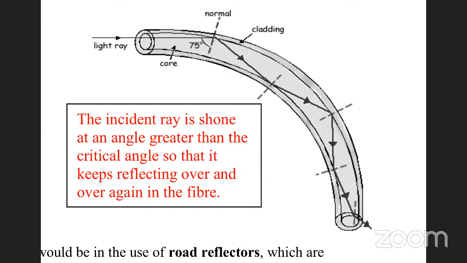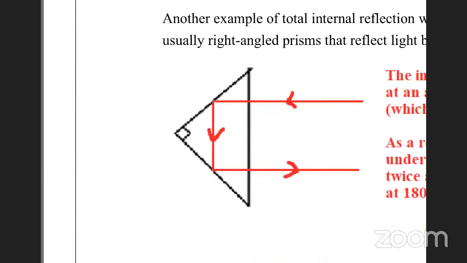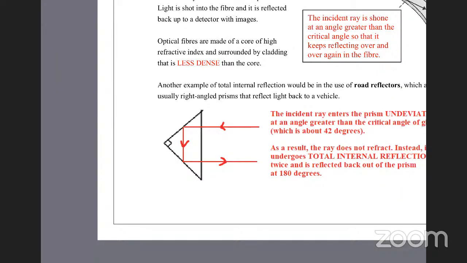Every time it hits the surface, what happens? Total internal reflection, right? Because of that, it's able to keep the ray in there. Here, the ray underwent total internal reflection twice, and the ray traveled through 180 degrees.